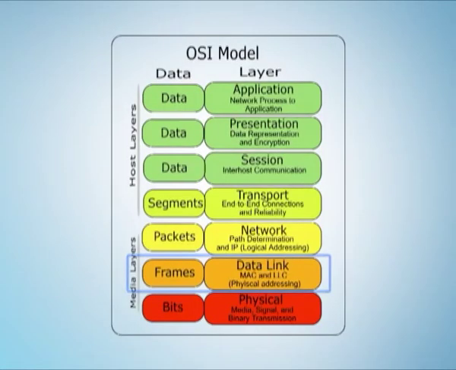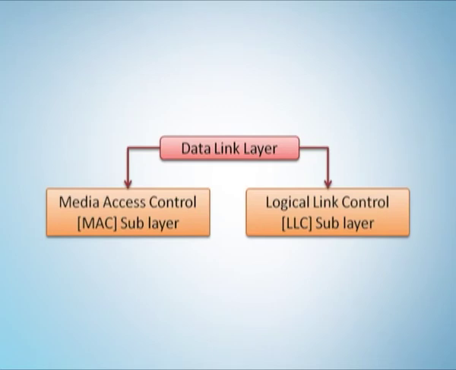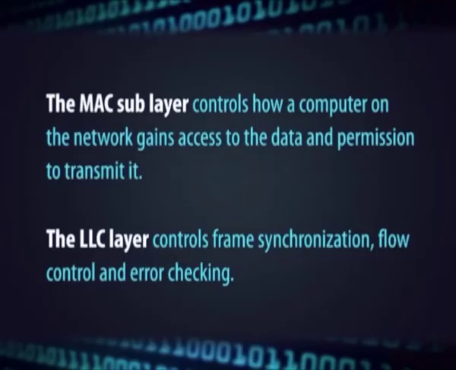The data link layer is divided into 2 sublayers, the media access control, that is MAC layer, and the logical link control, that is LLC layer. The MAC sublayer controls how a computer on the network gains access to the data and permission to transmit it. The LLC layer controls frame synchronization, flow control and error checking.